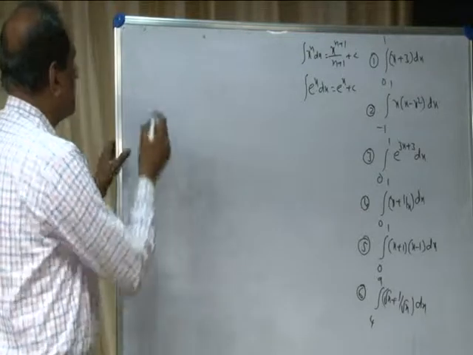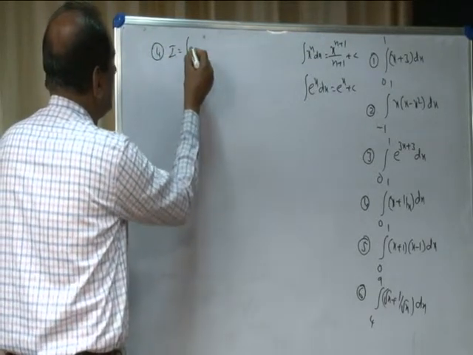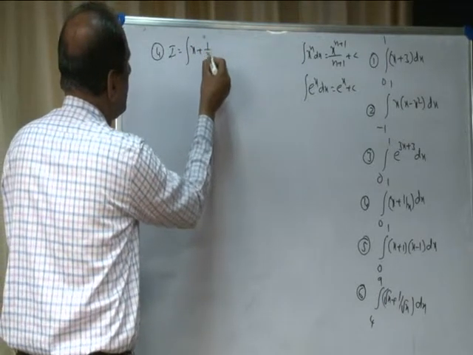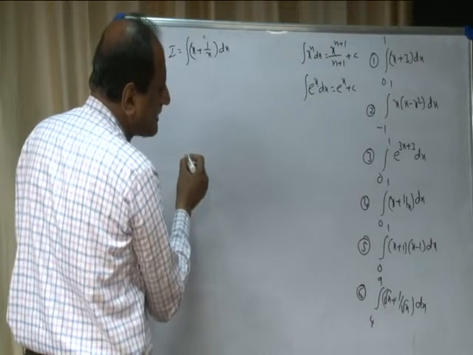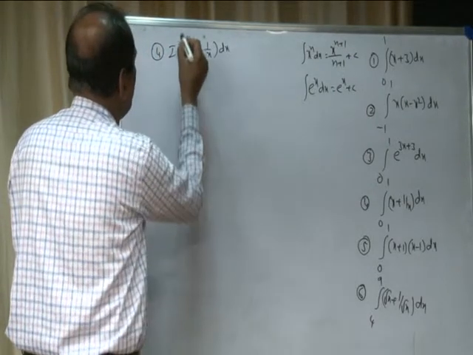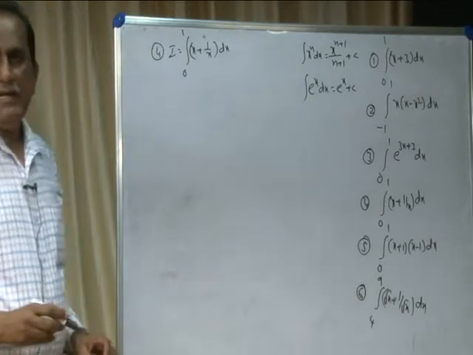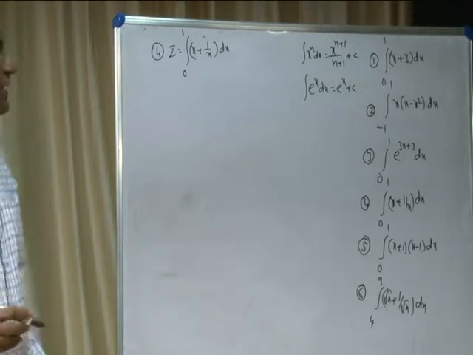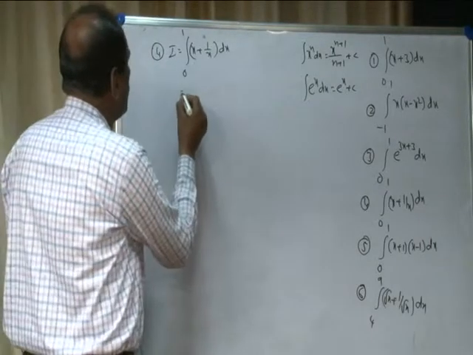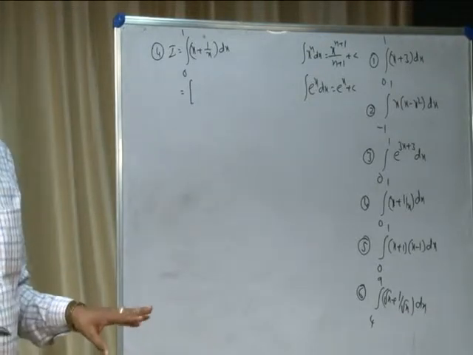See here, fourth problem. I is equal to the integral of x plus 1 over x dx between the limits 0 and 1. Now integrate, there are two terms in the integrand. Integrate 1 by 1. x means x power 1.